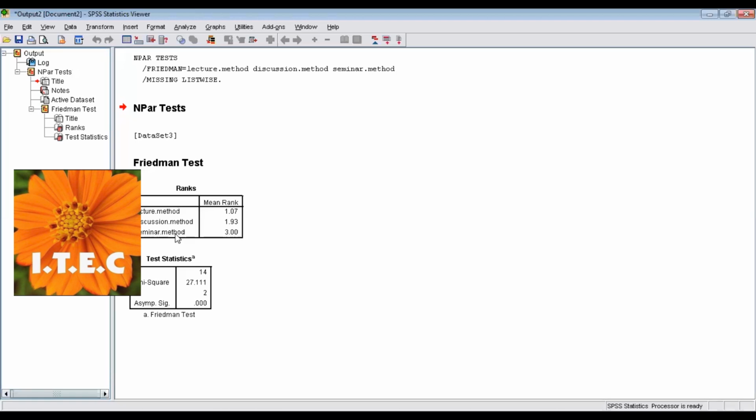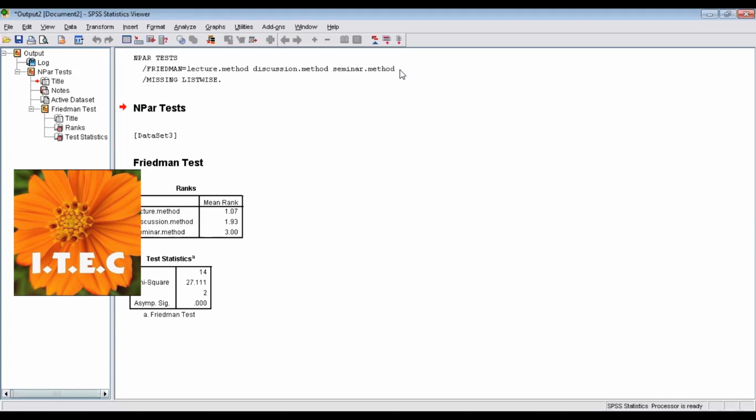So that means these methods have an effect on the achievement in physics of students. So let me write the interpretation, and then we proceed and you start understanding. So here your lecture method mean rank is 1.07, your discussion method is 1.93, and your seminar method is 3.0. And my chi-square value is 27.11, and it is significant, and DF is 2.